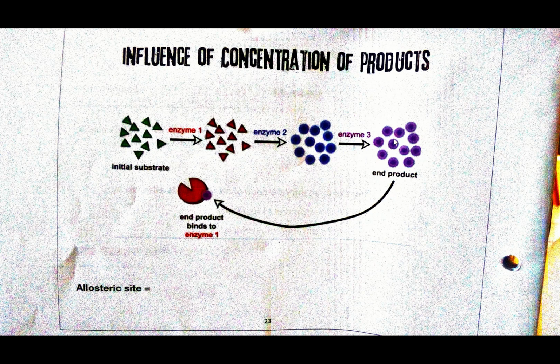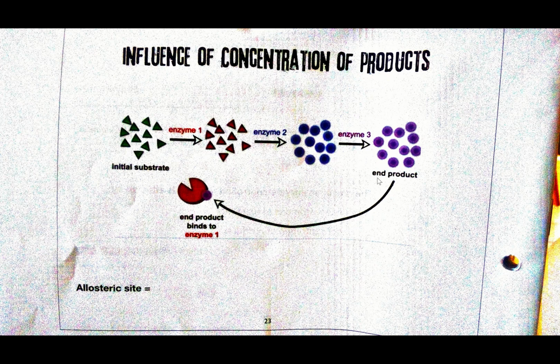However, sometimes since chemistry is so unpredictable, the end product may bind to enzyme one. Now, enzyme one, if you remember, is meant to do the job of catalyzing the initial substrate.